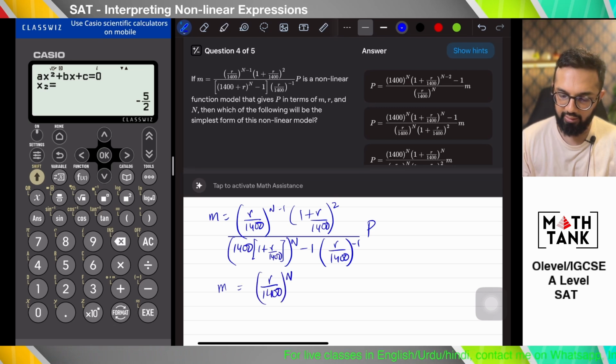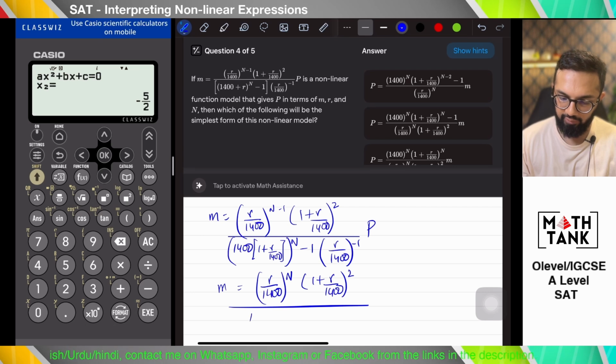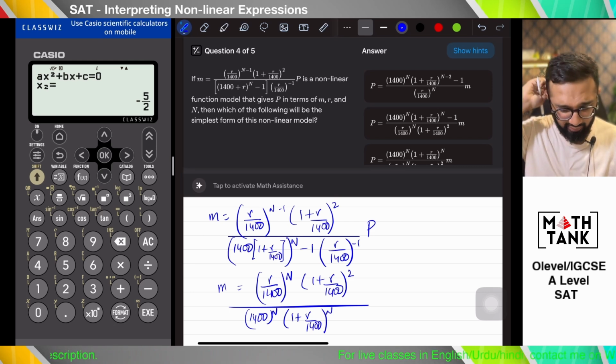Power n was net, so 1 plus r over 1400 squared, and 1400 power n, and 1 plus r over 1400 power n. I am not sure what the minus 1 would do.